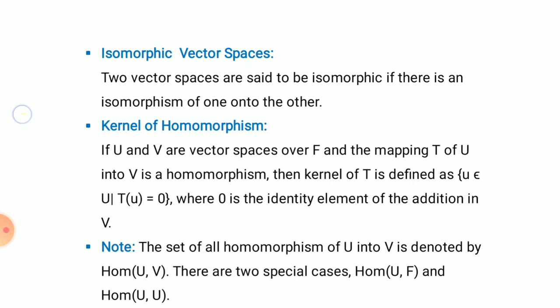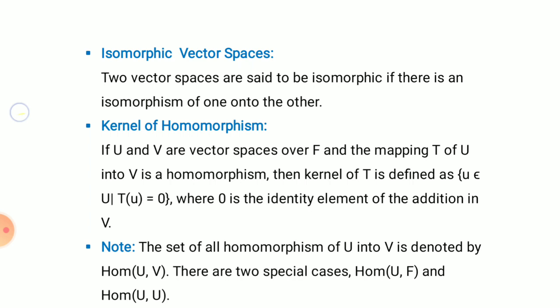Mapping T is an isomorphism, and then the vector spaces U and V are called isomorphic vector spaces. In short, we say that two vector spaces are said to be isomorphic if there exists an isomorphism from one onto the other.